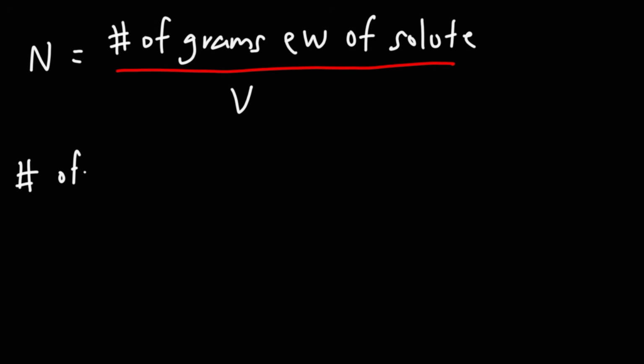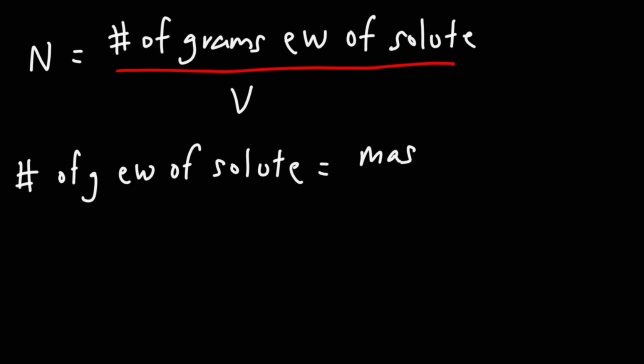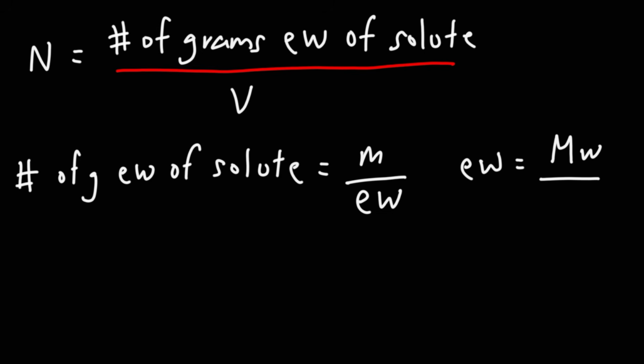Now, the number of gram equivalent weight of solute, basically the numerator of that fraction, is equal to the mass of the solute in grams, which I'm just going to write M, divided by the equivalent weight, which I'm going to write EW for that. Now the equivalent weight is basically the molecular weight, or the molar mass, divided by N. And you know what N is. N is the number of hydrogen ions or hydroxide ions per formula unit.